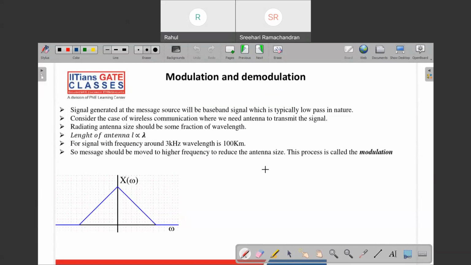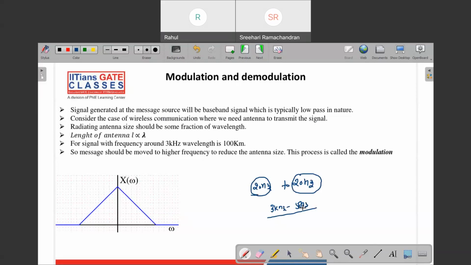If we are talking about, let's say, the audio signal, it is generally in the range of 20 hertz to 20 kilohertz, and generally speaking it will be somewhere around 3 to 5 kilohertz.